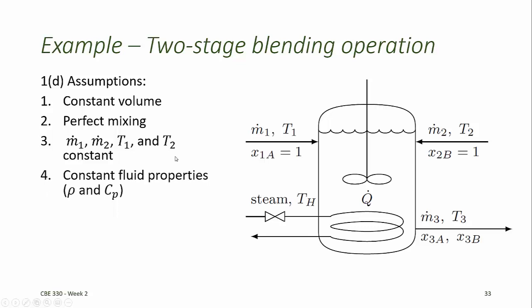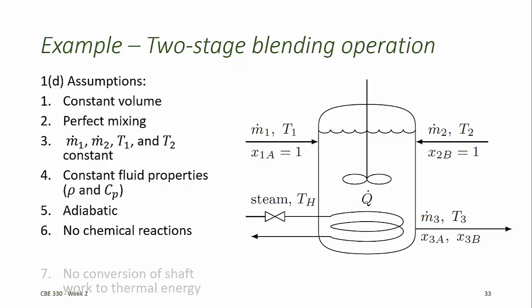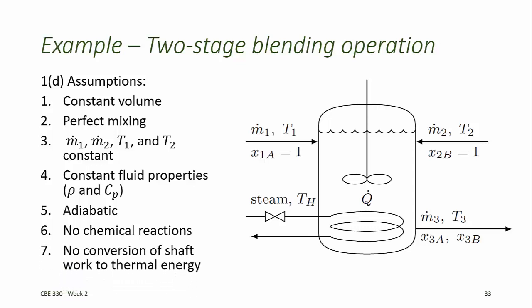We'll also assume constant fluid properties such as density and heat capacity. We'll assume that the tank is adiabatic, and we'll assume that there are no chemical reactions. Finally, we'll assume that there is no conversion of shaft work to thermal energy. You can already begin to see how some of these assumptions will simplify our model equations.